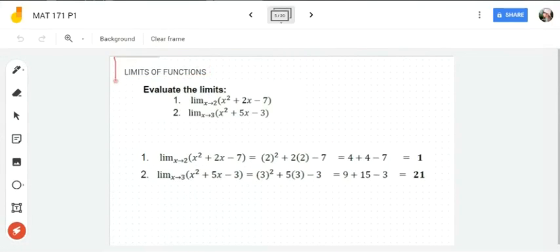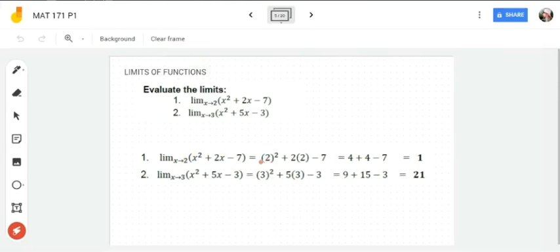Okay, so in getting the limit of your function, you will just simply substitute the value of a, where your x approaches, into the value of your x here. Okay, so for example, we have here the limit of x squared plus 2x minus 7 as x approaches 2. If we will be solving that, we will be substituting 2 in your x here and then here.